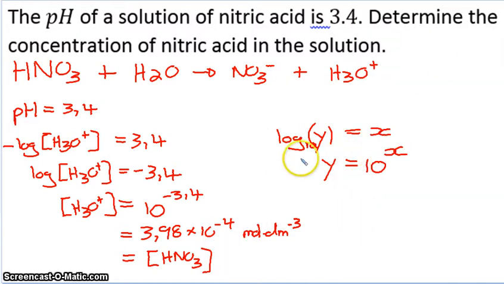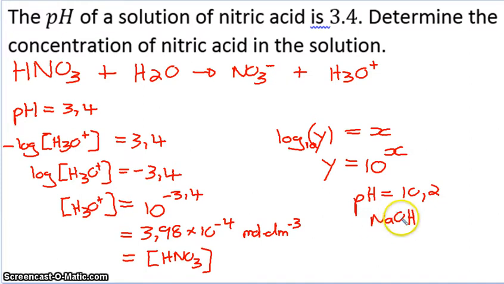The second thing is, in this example, I asked you to calculate the concentration of the acid. You could also be asked to calculate the concentration of a base. So, for example, you could be told that the pH of a solution of sodium hydroxide is 10.2. Okay, and it's a solution of sodium hydroxide.